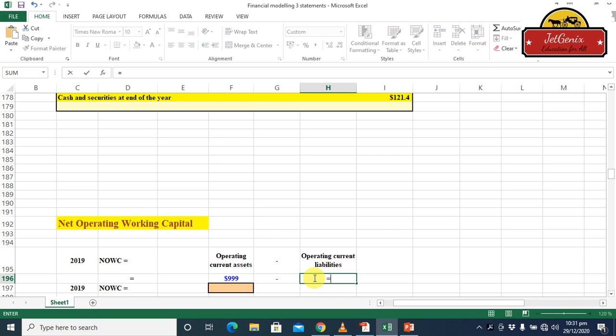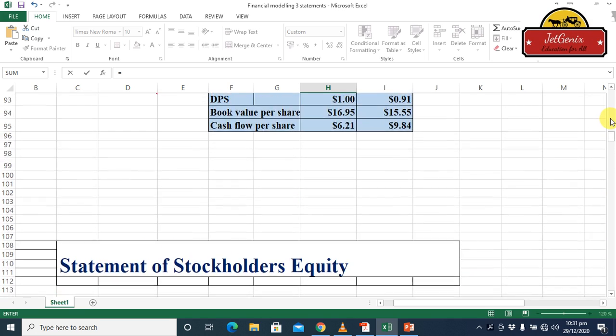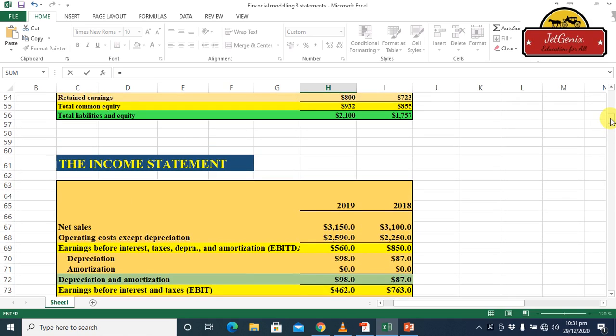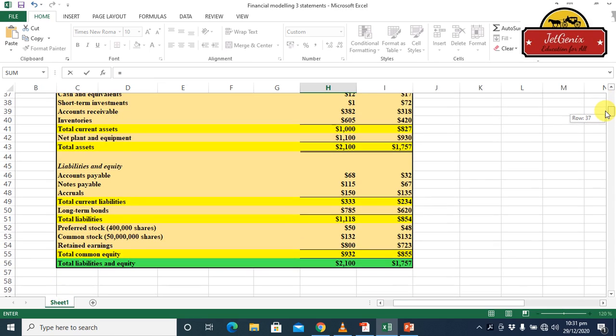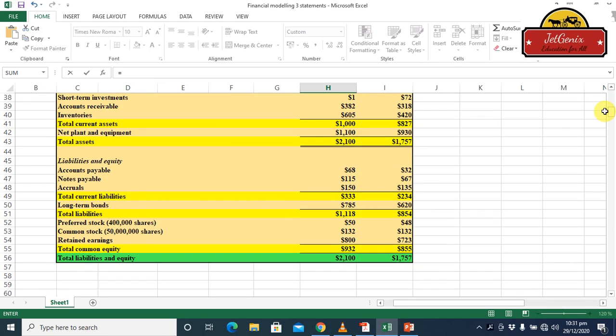After this we are going to calculate the operating current liabilities. Again go to the balance sheet and select all the operating current liabilities. Come to the liability side.